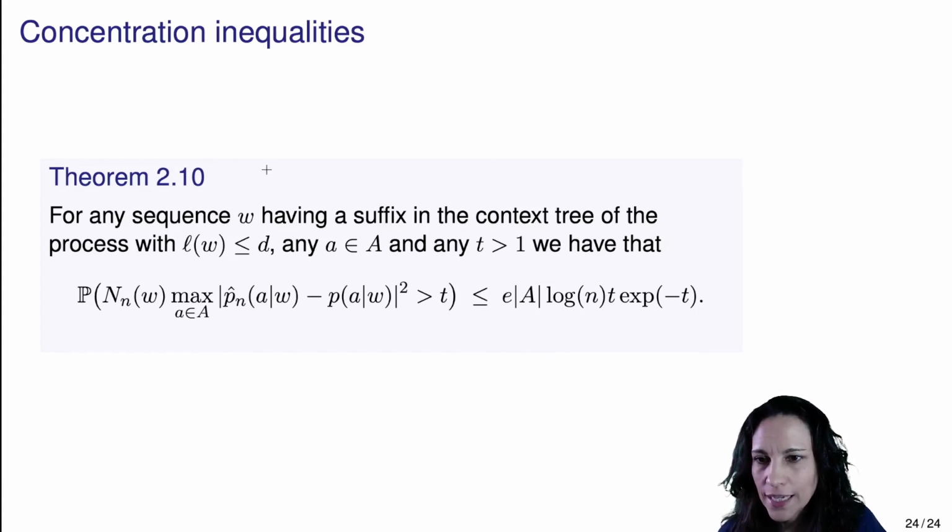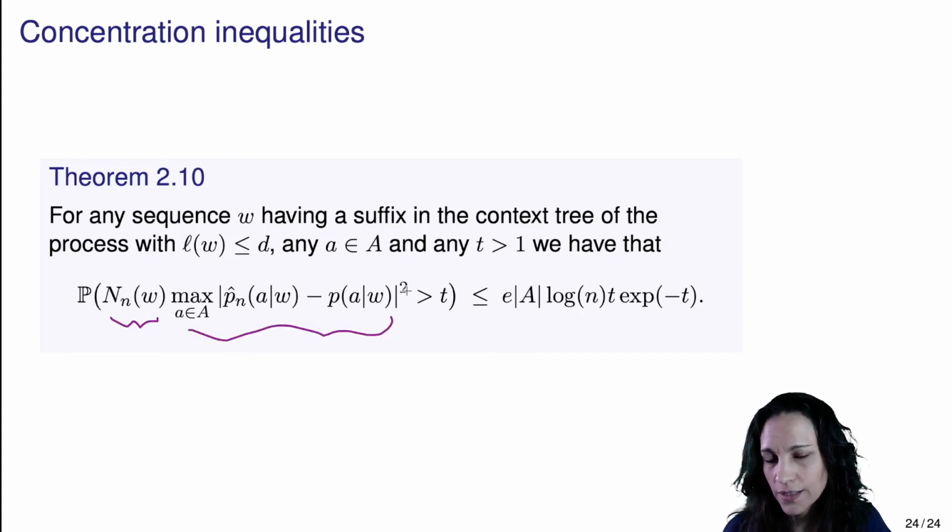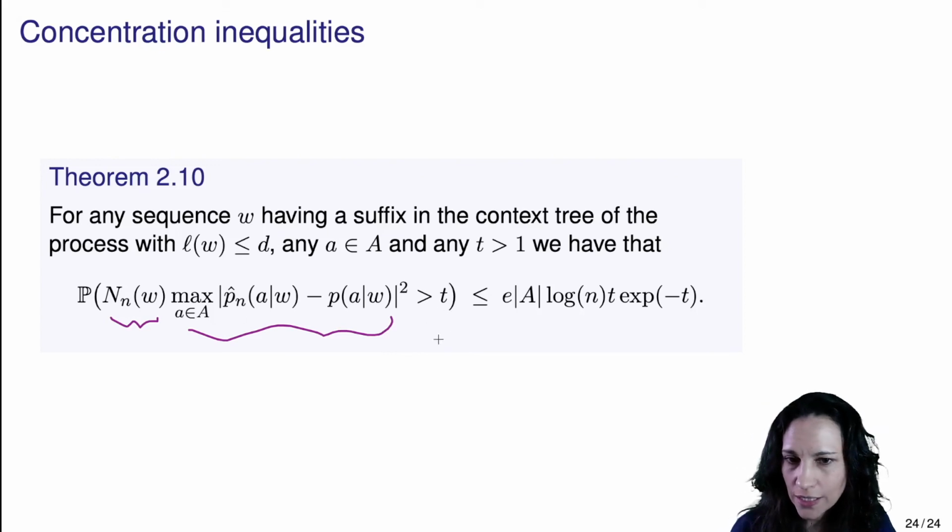So this is the statement of this theorem 2.10. It says that for any sequence W having a suffix in the context tree of the process with L of W smaller or equal to d, any A in the alphabet and any t greater than 1, we have that the probability of this counter times this square distance here, this is the square variational distance basically, the probability of this expression here being greater than t is smaller than this bound here.